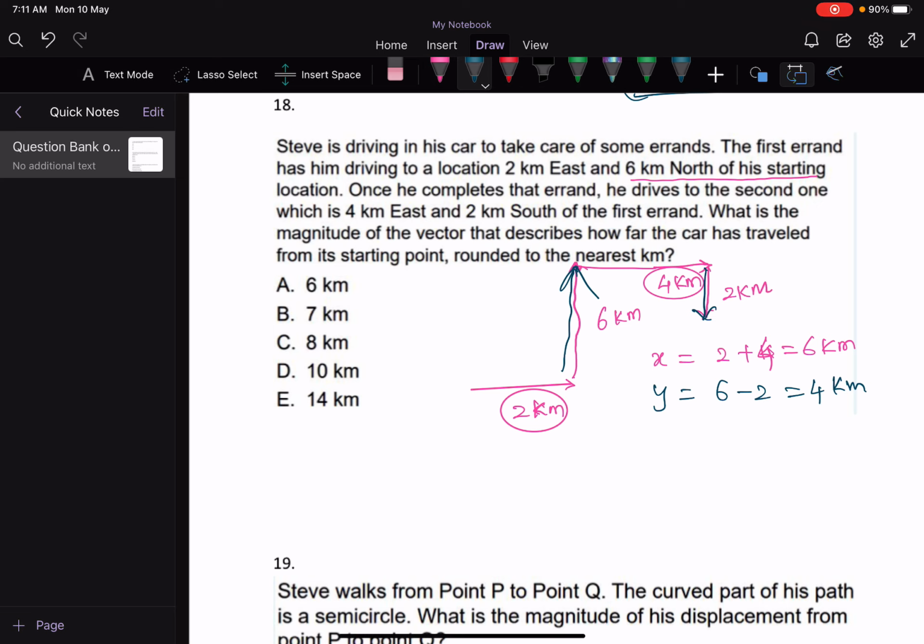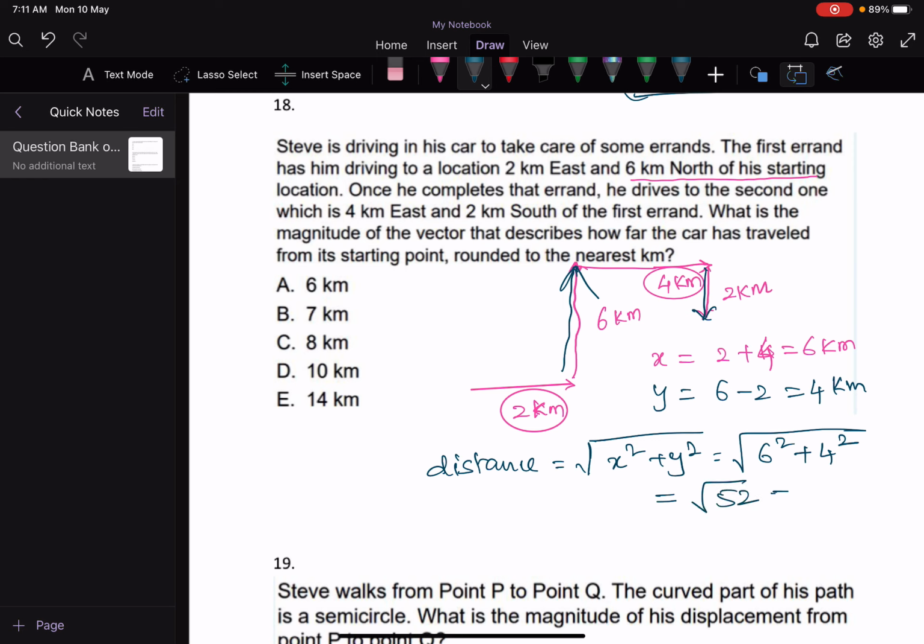The magnitude of displacement is the square root of x square plus y square, so root of 6 square plus 4 square, root of 36 plus 16, which is root 52, approximately 7 kilometers. So the answer is 7 kilometers.